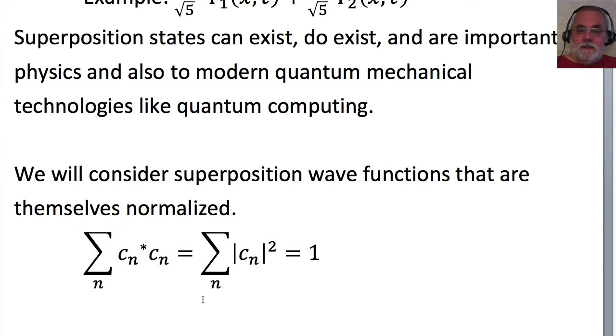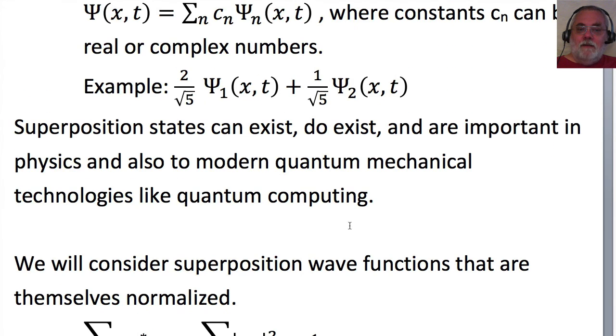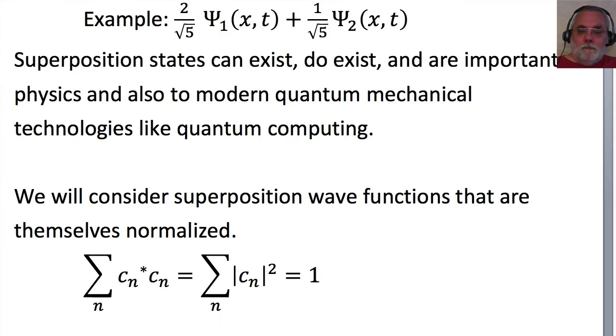That's the same as saying the sum of the magnitude squared of the constants is 1. You'll notice that I did that in this example. The magnitude squared of this constant is 4/5. The magnitude squared of this constant is 1/5, and they sum to 1.